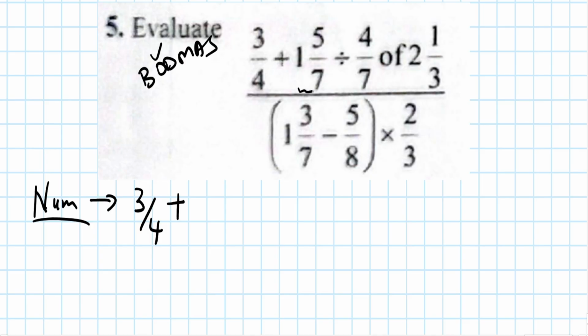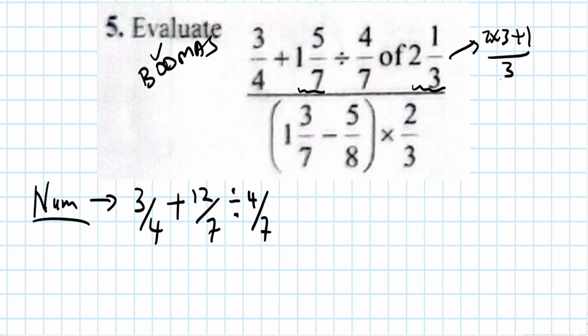So 1 5 over 7 can be written as 7 times 1 is 7, plus 5 is 12 over 7, divided by 4 over 7 of 2 1 over 3. That is 2 times 3 plus 1 over 3, which is 6 plus 1 is 7 over 3. So this is 4 over 7 of 7 over 3.